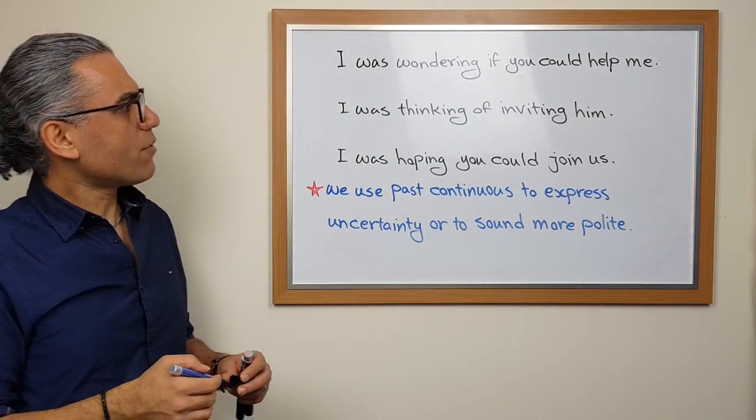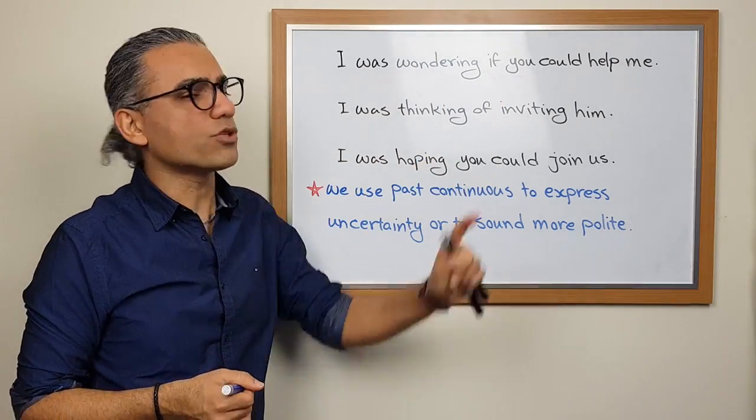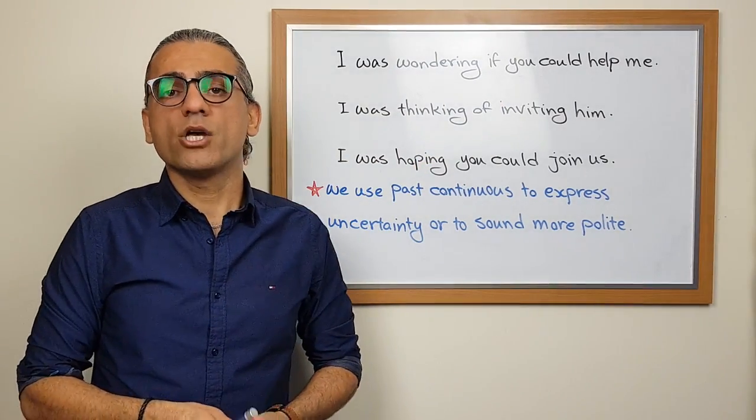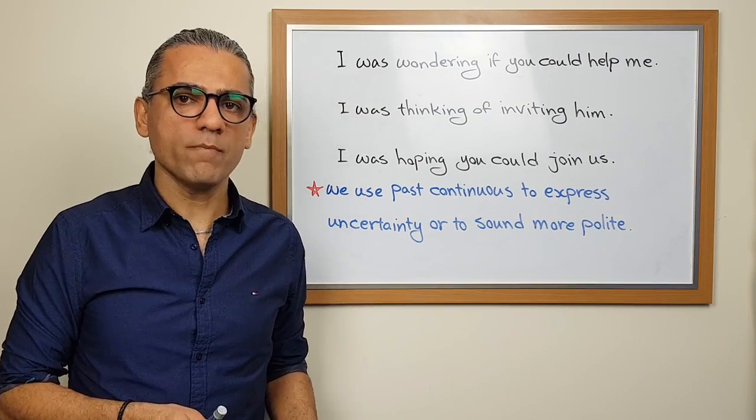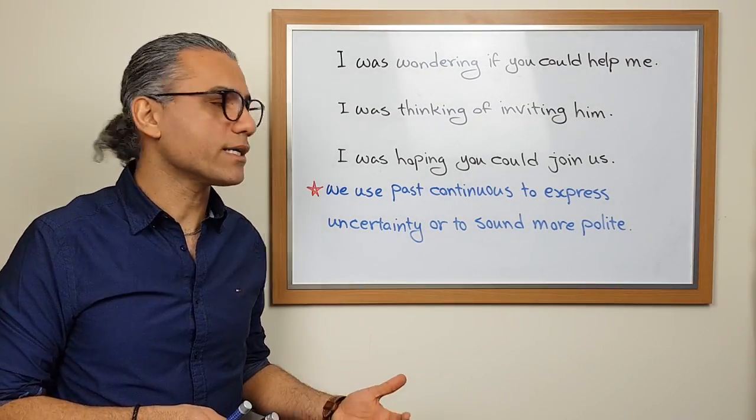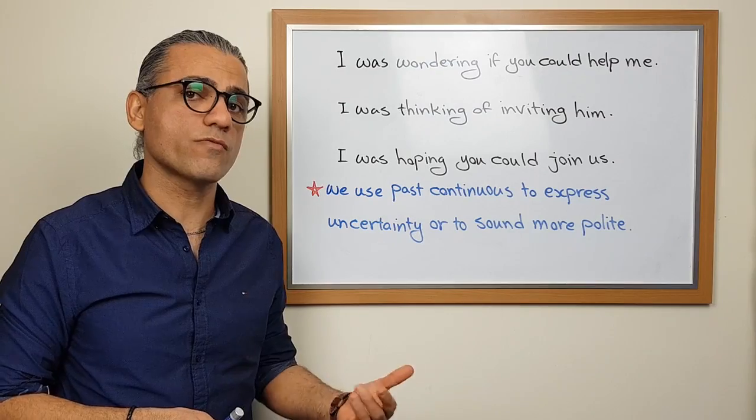As you can see, for example, instead of I was wondering if you could help me, we could simply ask, could you help me? Or can you help me? But we want to sound more polite, so we use past continuous to serve this purpose.